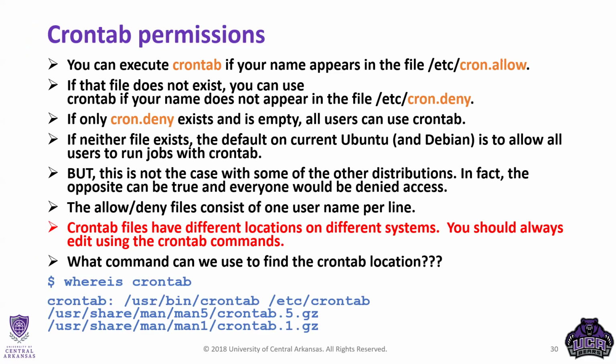Now, if you do not have that and you have a cron.deny and then you put a user in it, then everybody can use cron except for the person that you put in there. And then, of course, if you don't have any of these, then everybody can use cron tab. It's a strange thing. And you can see right here, the cron tab file locations are different depending on the system. And I believe somewhere, even this setup right here can change depending on the system.